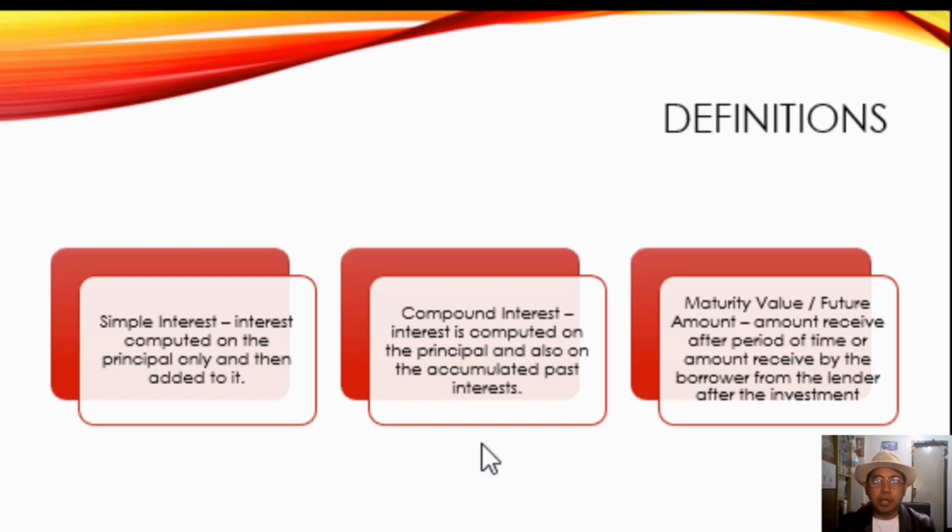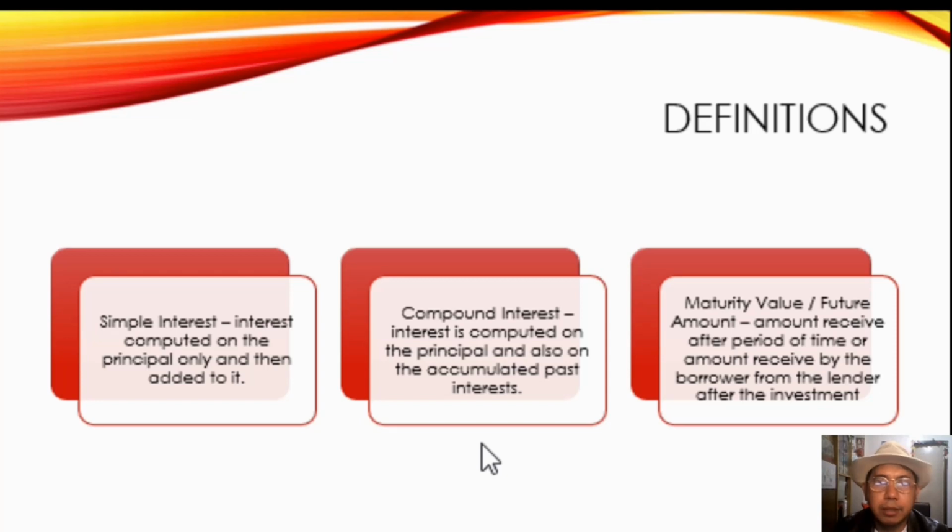That is the same as saying the principal amount multiplied by the given interest, which is the same as 100. Okay? And so after computation in the first year, you will compute again for the interest in the second year. Again, when you are going to compute for the interest, that is the same. You compute the interest by saying 1,000 multiplied by 10%. So it will give you again 100. So what would be the final amount after 2 years? That is the same as 1,200.